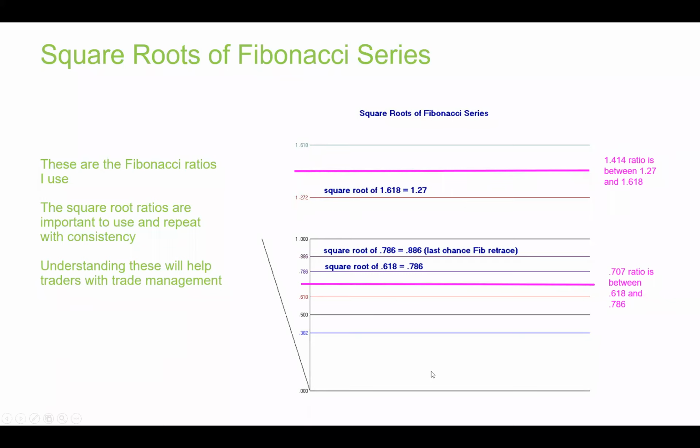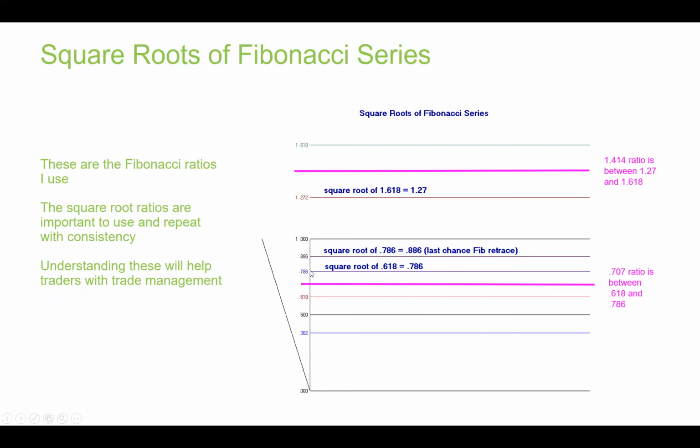Now, the last chance, the 0.886 retracement, this is not that common, but it might be if I do enough of these presentations. But this is the last chance fib ratio. A lot of traders are looking at the 0.786 and they're looking at the 1.0. So we have the entire length of the swing, and we're referring to that as 1.0. So they're looking at this 0.786 or the 1.0.